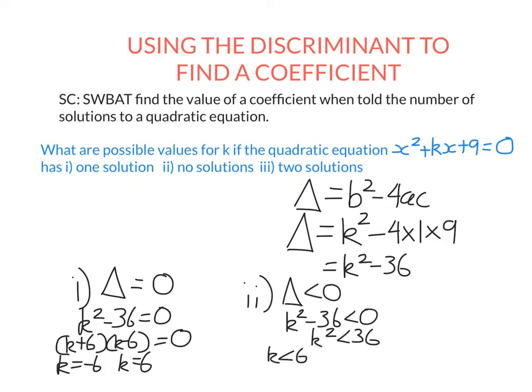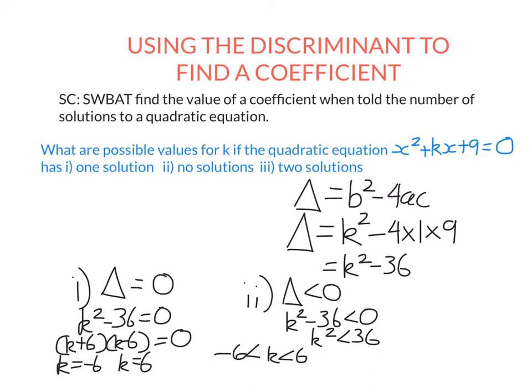It could be like 5, because 5 squared is 25, which is less than 36. But it also has to be more than negative 6. If it's less than negative 6, like say negative 7, if you square negative 7, you get more than 36. So for this to have no solution, k must be more than negative 6 and less than 6.